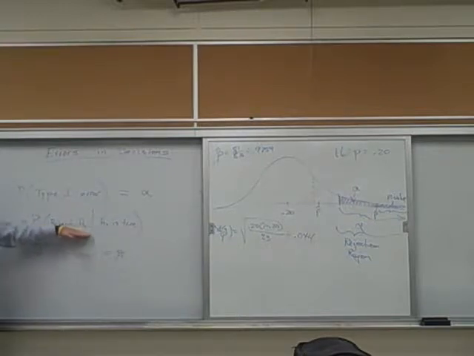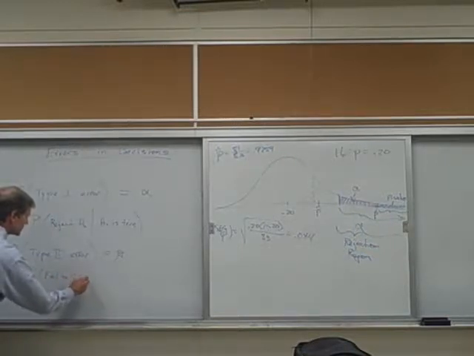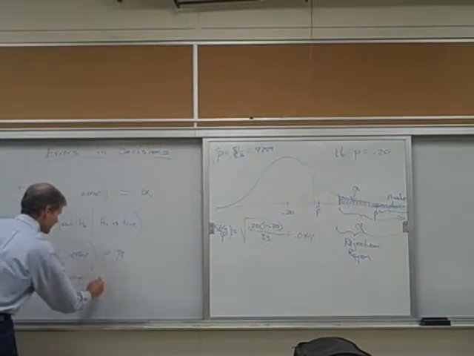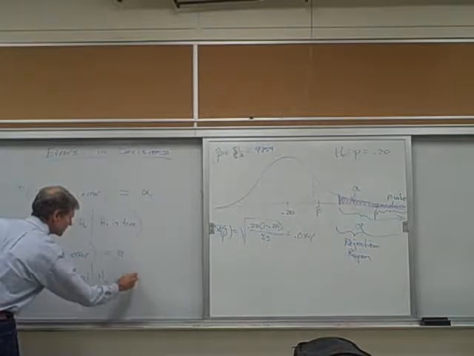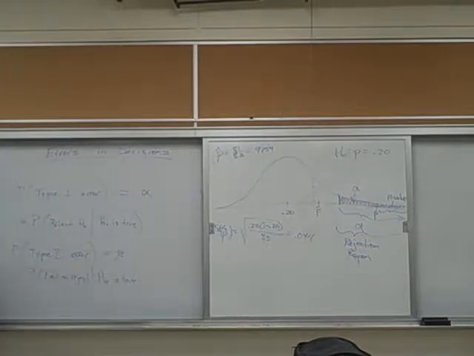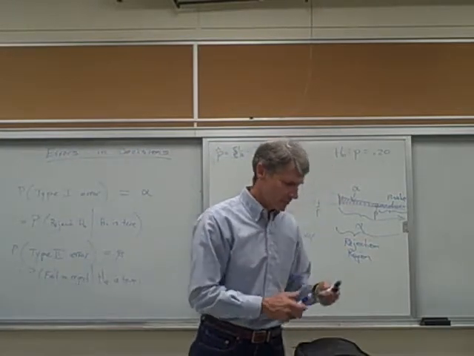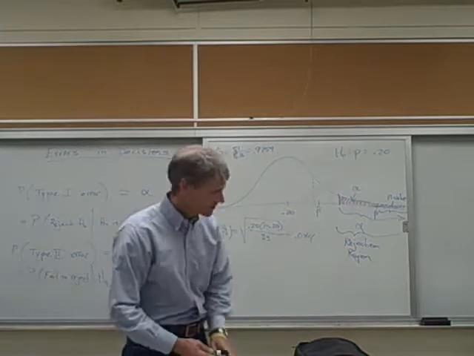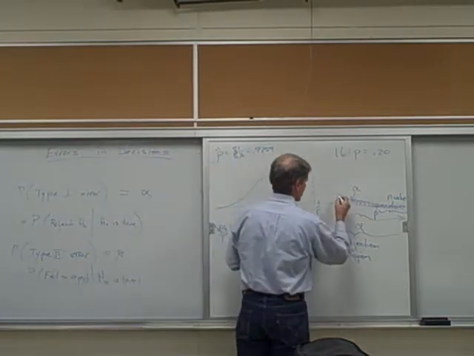But how would I compute that probability? Well, let's put it in this form again. This is the probability that you fail to reject given that the alternative is true. Right? Now again, let me try to use this black marker, which doesn't have much ink in it. But here's my rejection region, and that's not going to move.